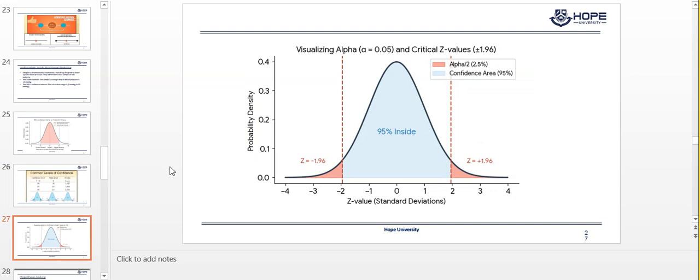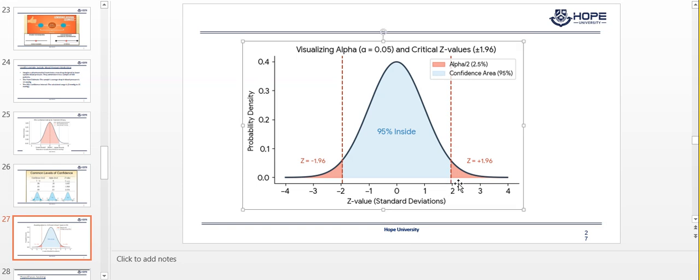Look at this. In the center, we have 95% confidence. On the upper and lower levels, we have Z scores of plus and minus 1.96. That means in the center we have 95% confidence. The Z score is not exactly 2, it's very near to 2.